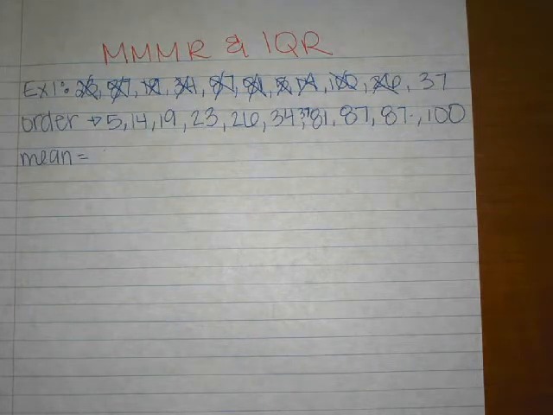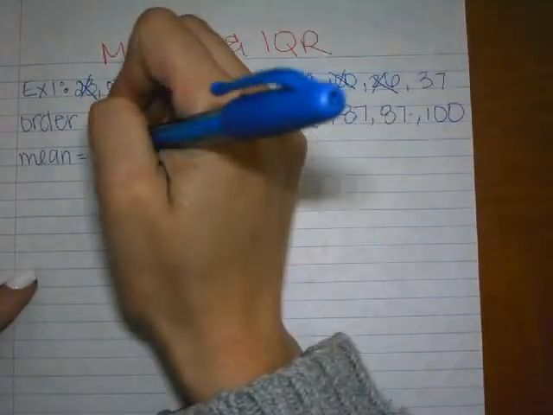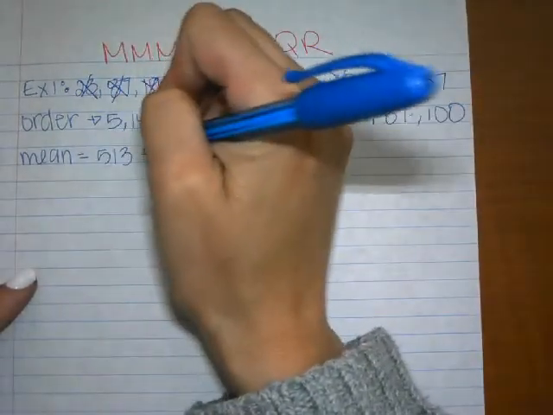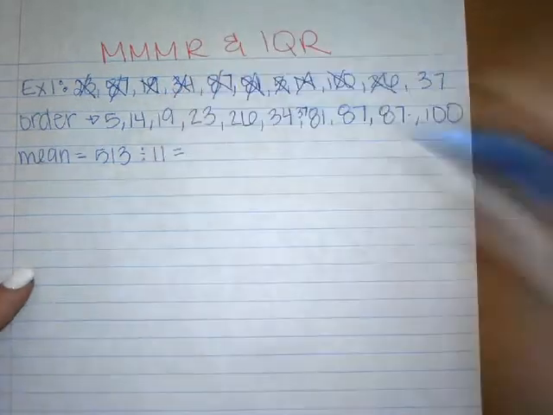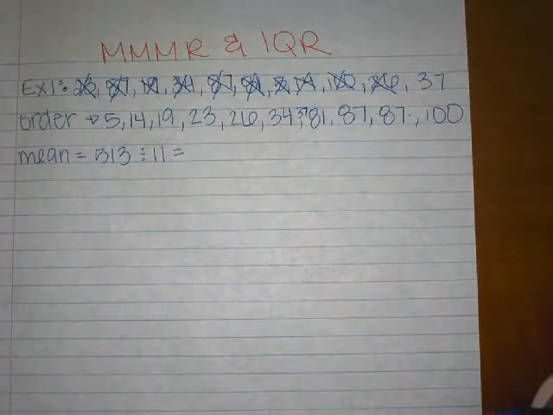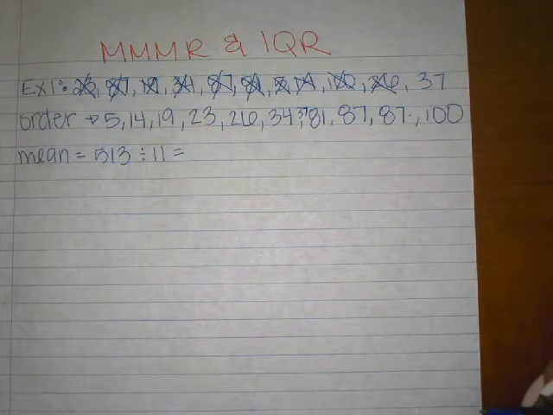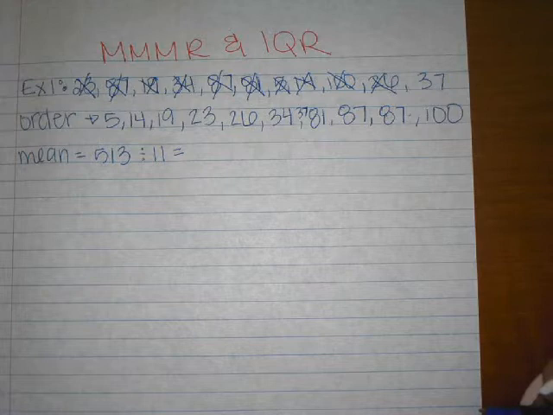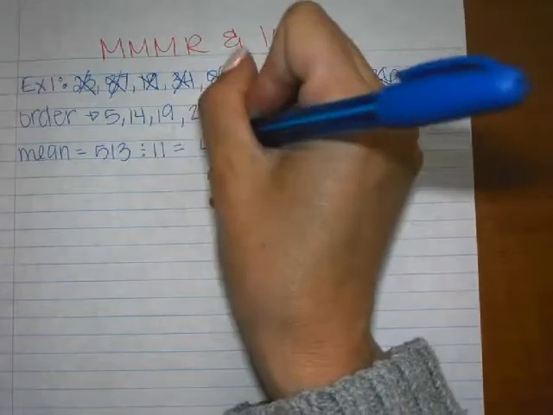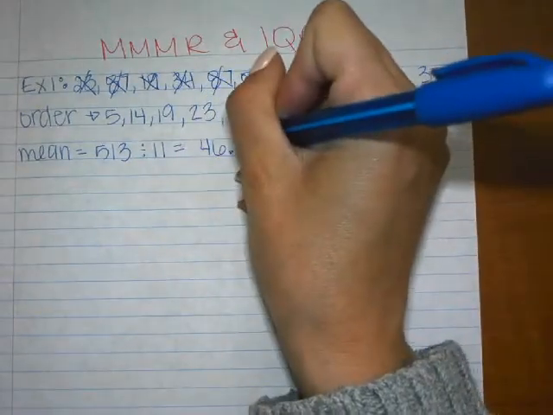Tell me what you get. 513, and then what do we divide by? 11. Same thing, give me one place after the decimal, so round to the nearest tenth. What do we get? 46.6.